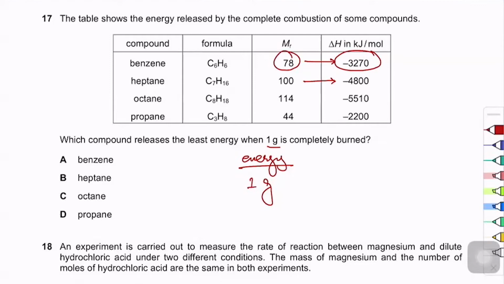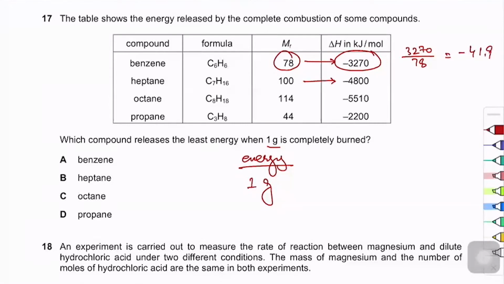So all I need to do is divide 3270 by 78. Divide the two numbers and you will get an answer. So no detailed calculation required. Just divide them. The first one is 41.9.